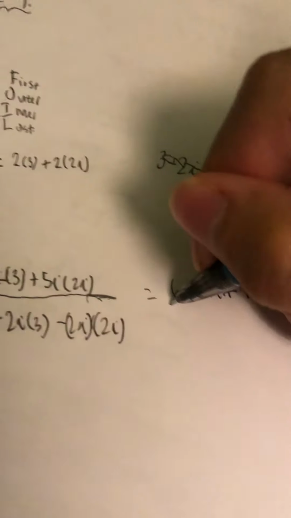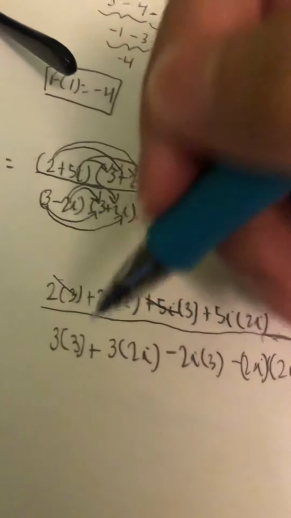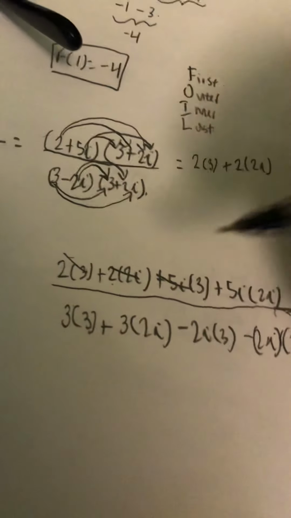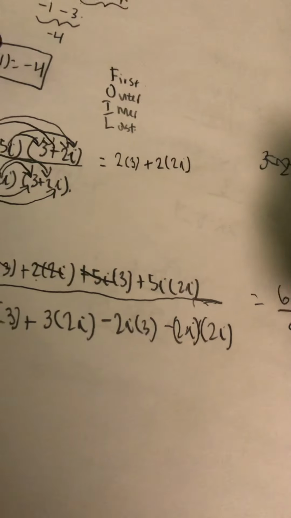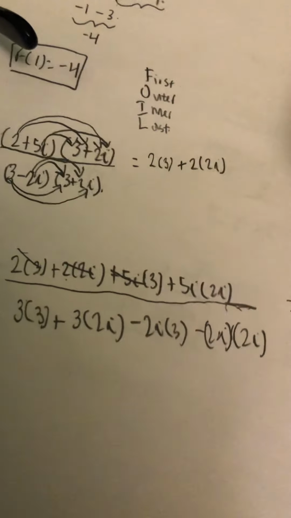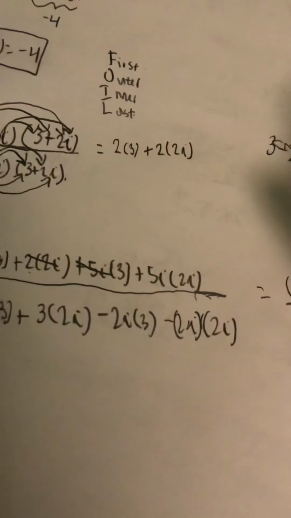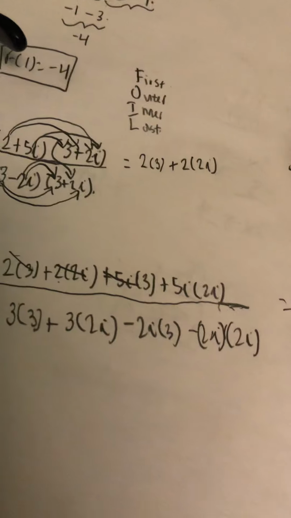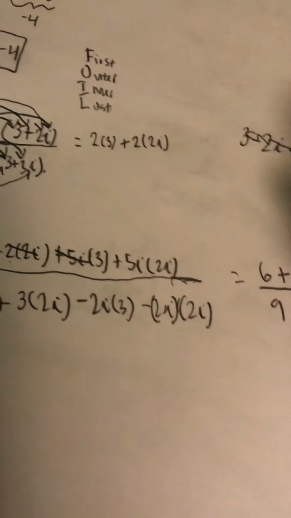All over, we have 3 times 3, which is 9, and then 3 times 2i is plus 6i. And then negative 2i times 3 is negative 6i. And then negative 2i times 2i is negative 4i squared.